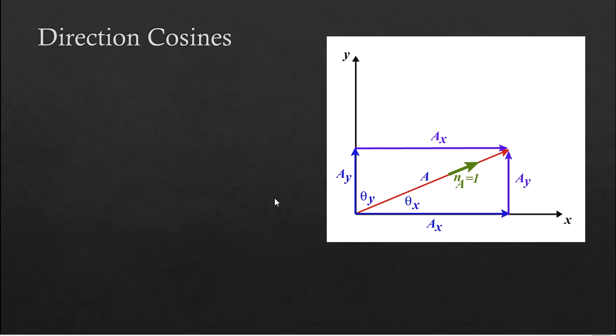Now let's talk about direction cosines. Again, we show the A vector, which makes an angle of theta x with the positive x-axis, an angle of theta y with the positive y-axis.